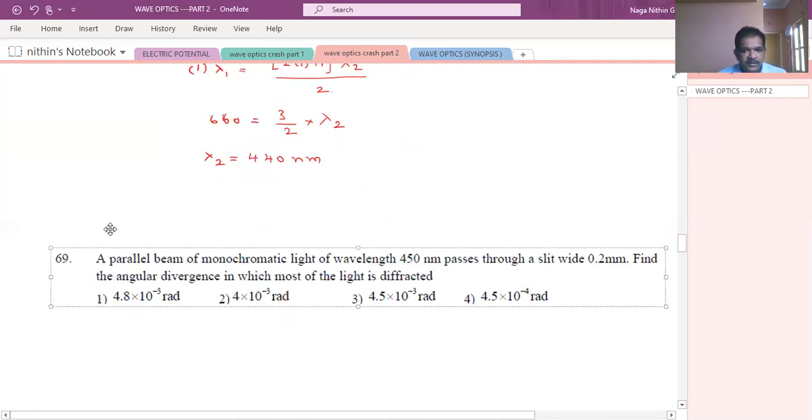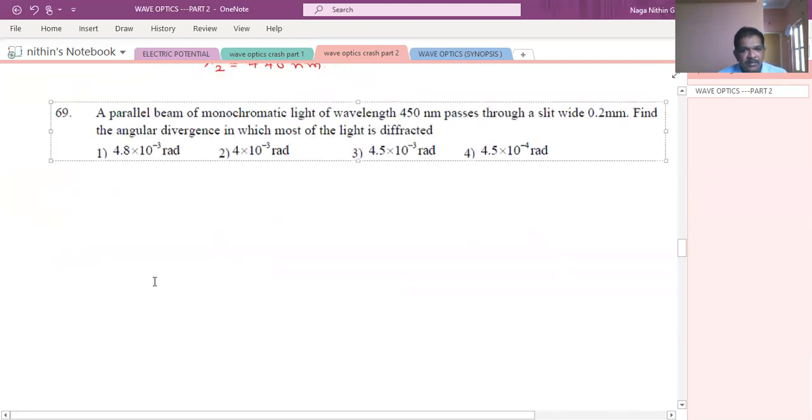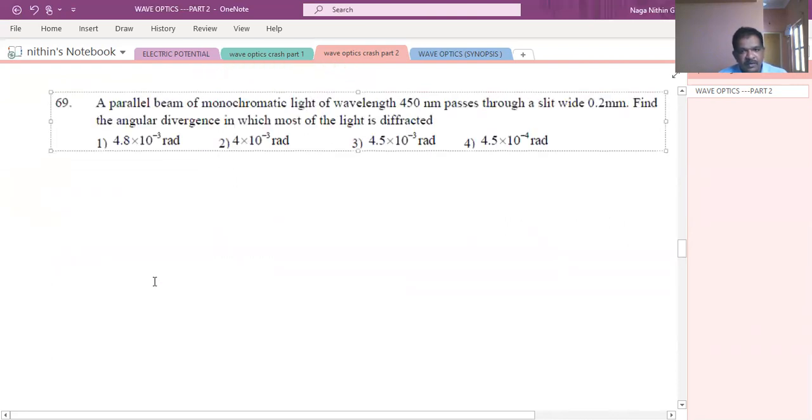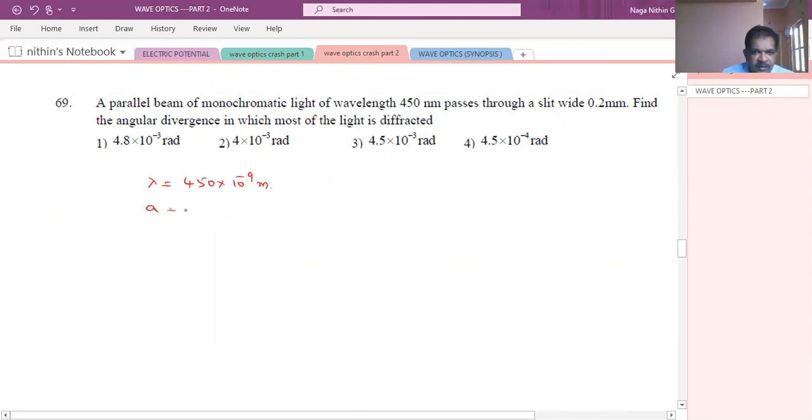69, what are they asking? See. A parallel beam of monochromatic light of wavelength 450 nanometer. Lambda is equal to 450 into 10 power minus 9 meter. Slit width is 0.2 into 10 power minus 3 meter, that is 2 into 10 power minus 4 meter. They are asking us to calculate the angular divergence.